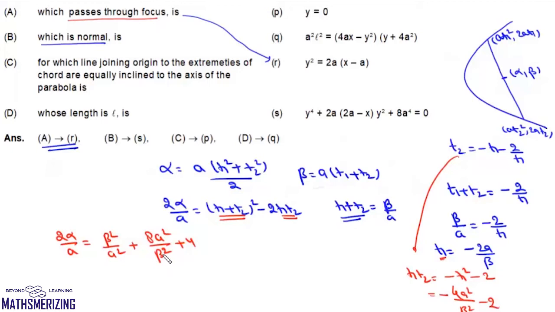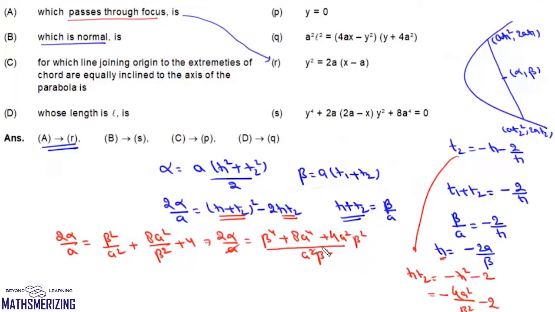Now we'll take a square beta square as LCM. So we'll get 2 alpha upon a equals beta to the power 4 plus 8a to the power 4 plus 4 a square beta square, upon a square beta square.